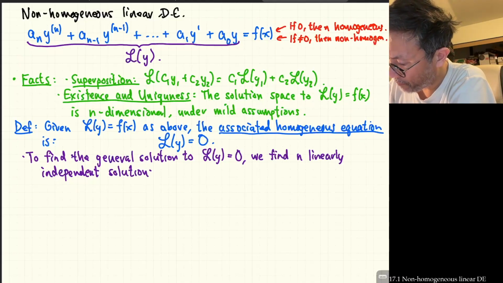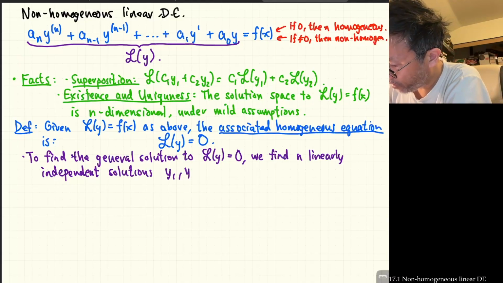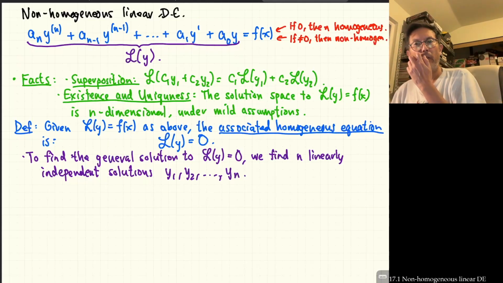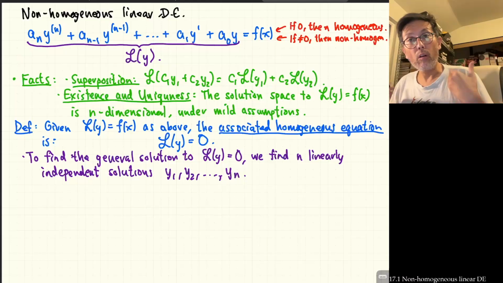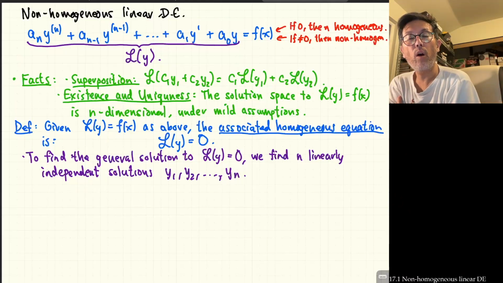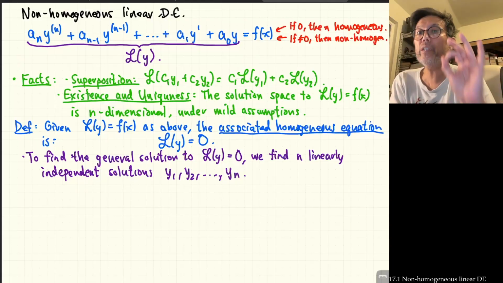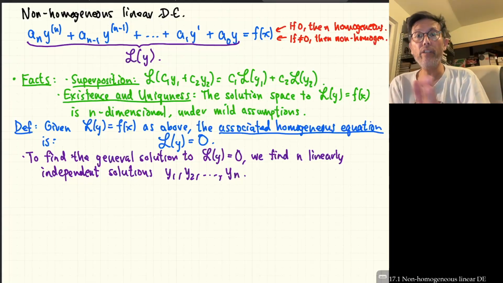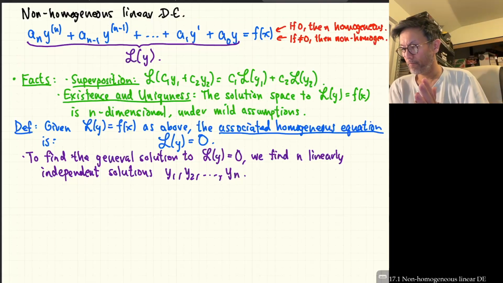Let me call them y1, y2, all the way up to yn. So we have n solutions, each of which solves the differential equation L of y equals 0. Crucially, that equation is homogeneous.